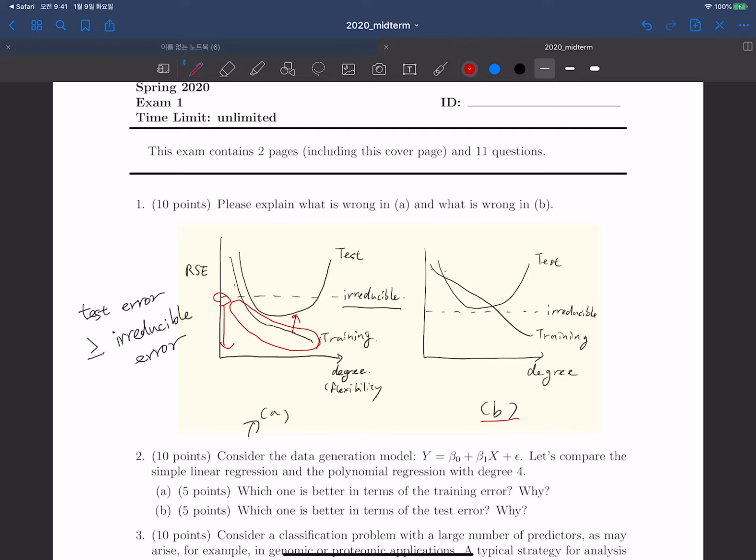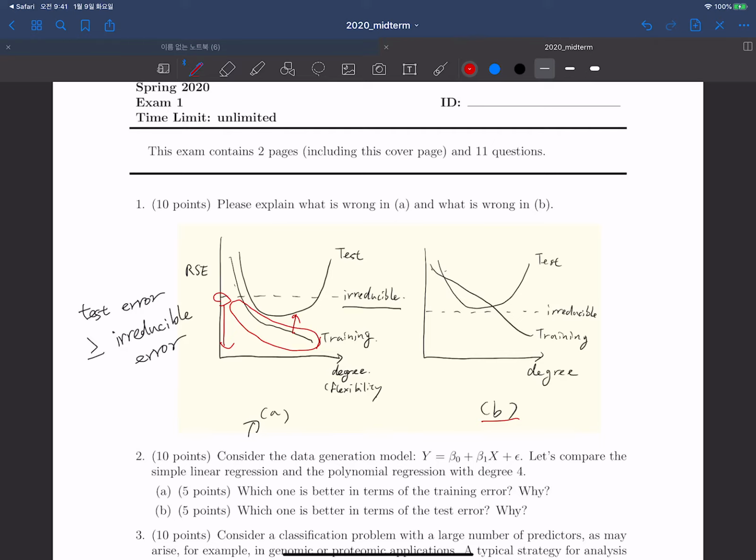What is the wrong point of graph B? In general, the training error is below the test error because we look at the training data points when we find the good parameters for your model.